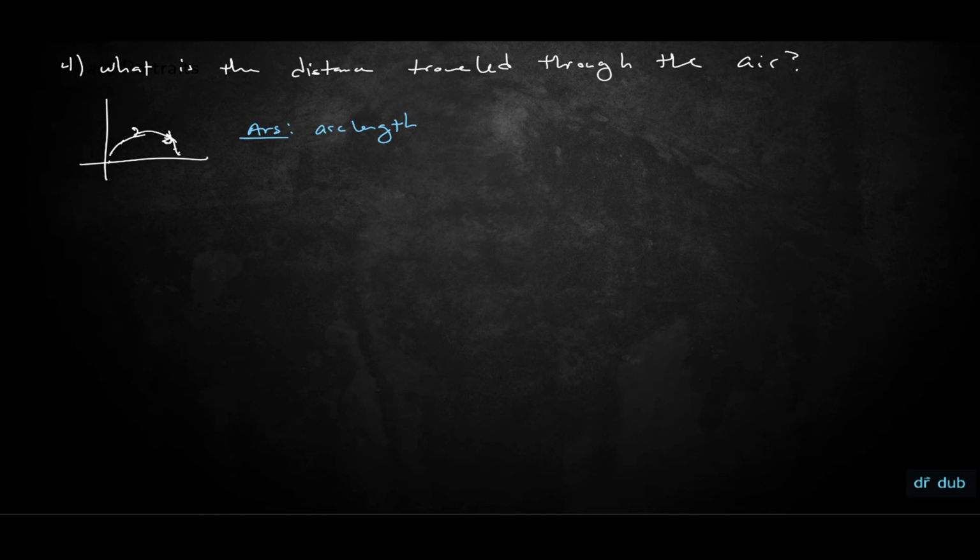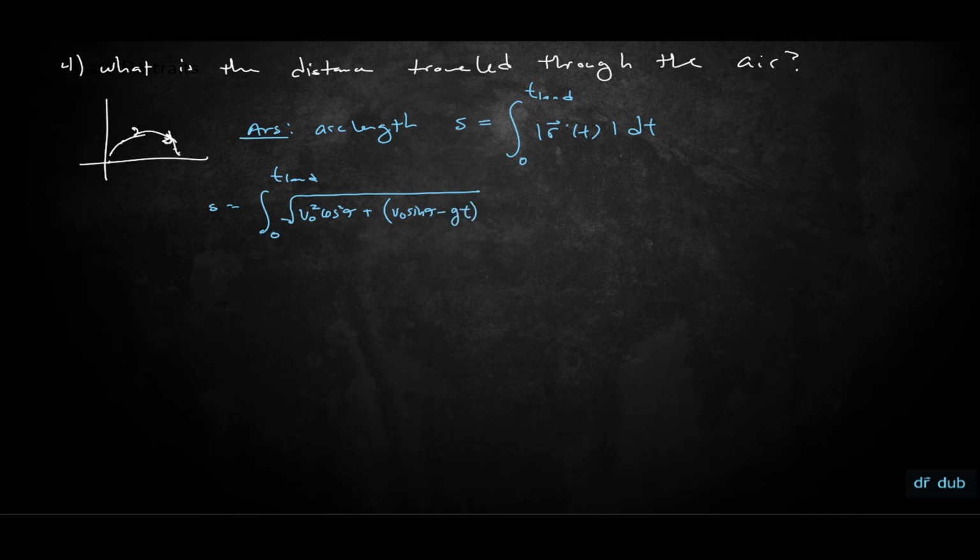You would integrate from 0 to t land the magnitude of r prime of t dt. So this would be the integral from 0 to t land, square root of v0 squared cosine squared alpha plus v0 sine alpha minus gt quantity squared dt.